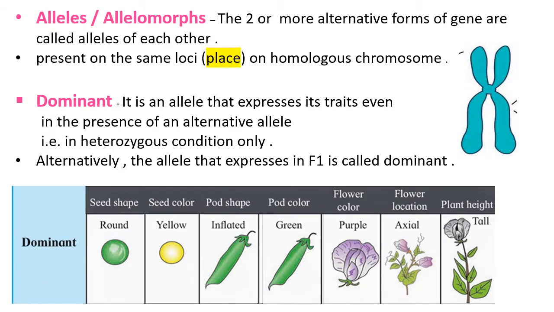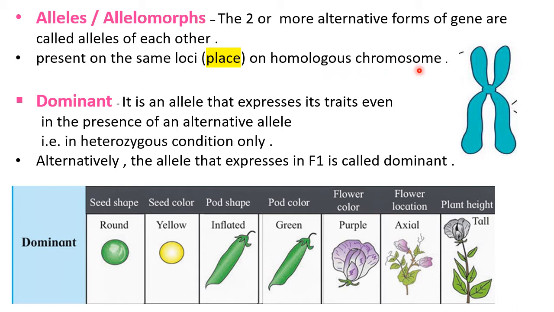Now we will see the term alleles, also called allelomorphs. Two or more alternative forms of genes are called alleles of each other. These alleles are present on the same loci, also called place, on homologous chromosomes.